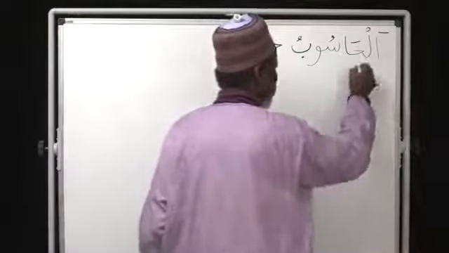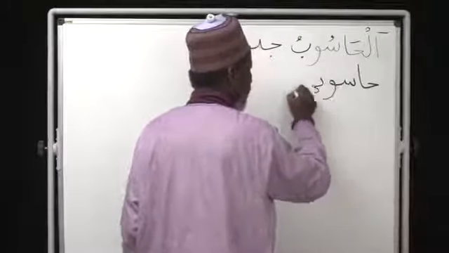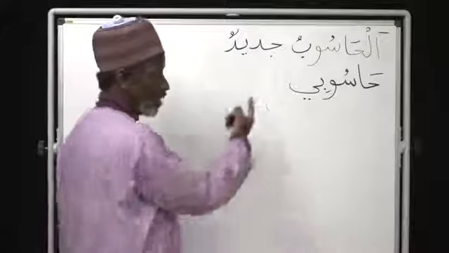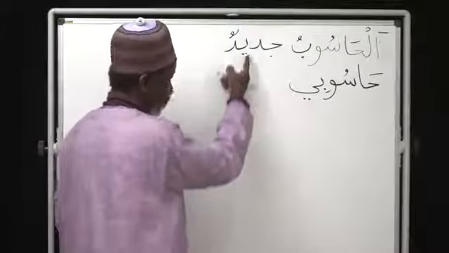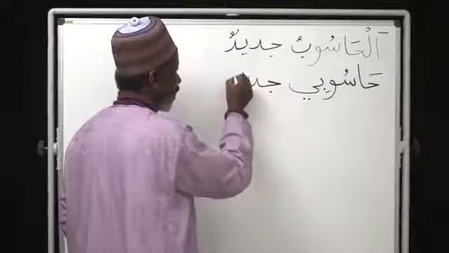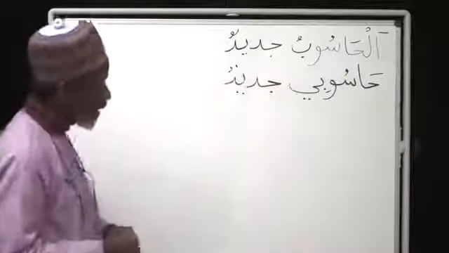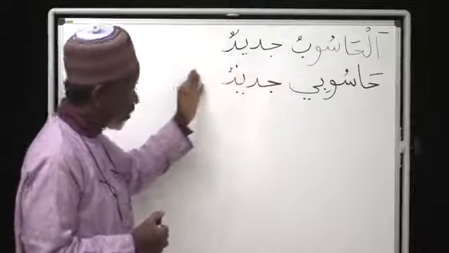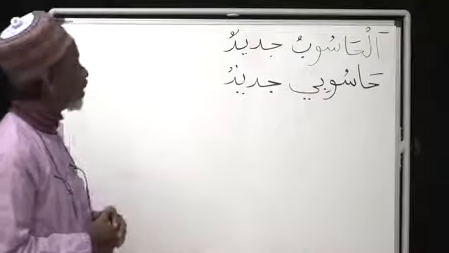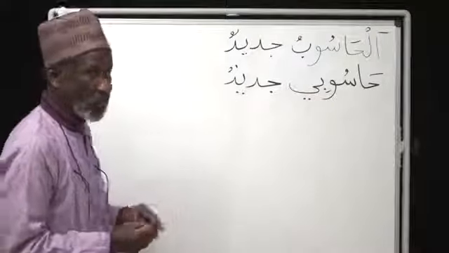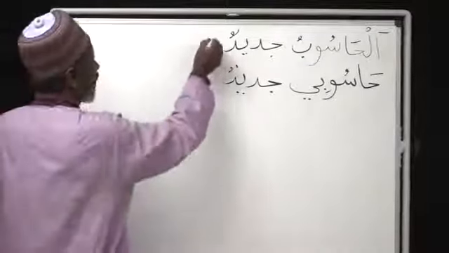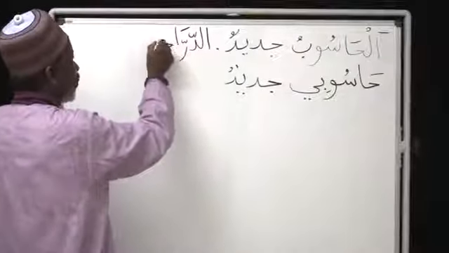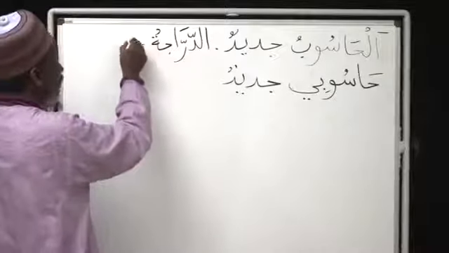Write "my computer," which is hasubi. That's "my computer is new," which means you mustn't put the al here. You drop the al. Jadidun, male, jadidun. So that means my computer is new. Al-hasubu jadidun, hasubi jadidun. Go for darajatun, for instance. Ad-darajatu jadidatun.